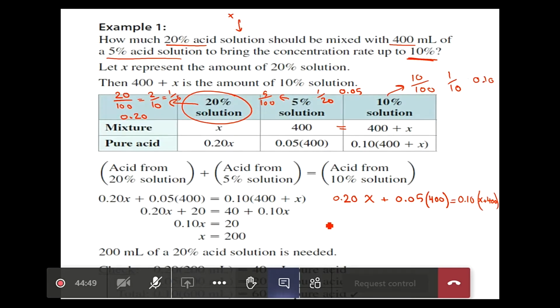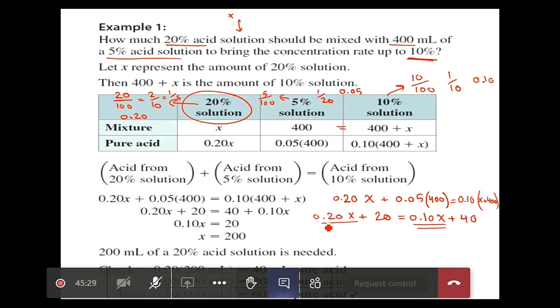Now we can solve. 0.2X plus 400 multiplied by 5 over 100, so we have 20, equals 0.10X plus 10 over 100 multiplied by 400, so we have 40.